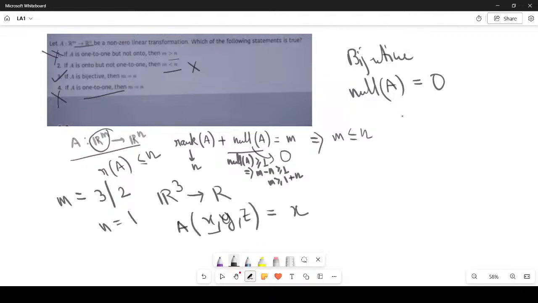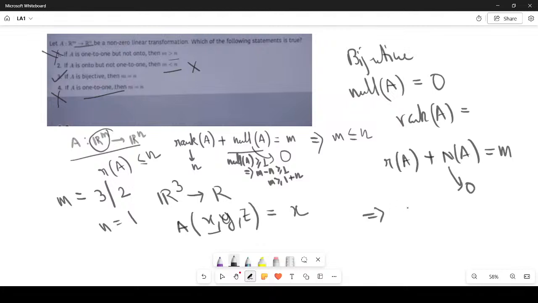As we know, rank of A plus nullity of A is equal to the dimension of the domain space, which is m. Since nullity of A is 0, the rank of A will be equal to m, and as we know that rank of A is less than or equal to n, we can write that m is less than or equal to n.